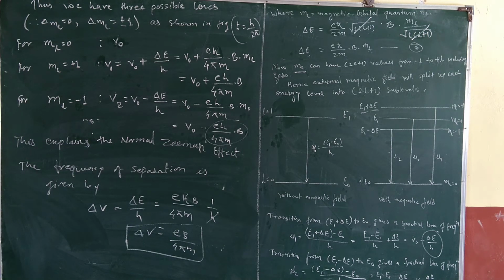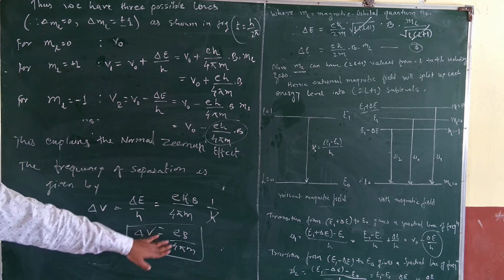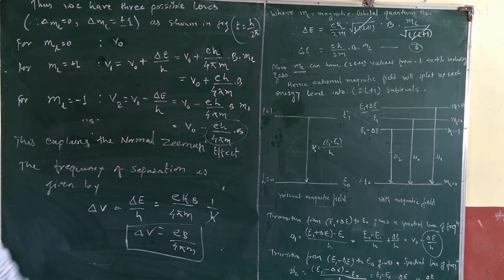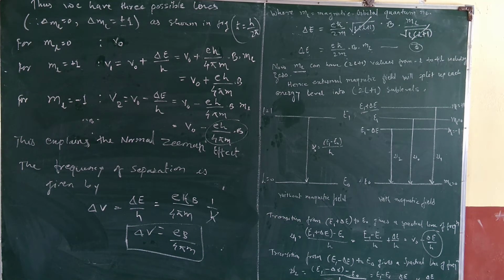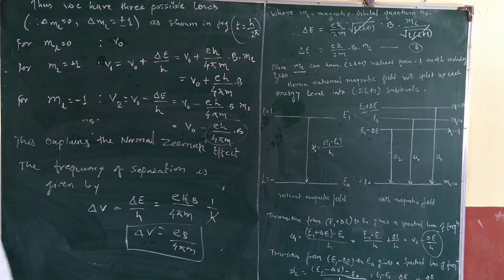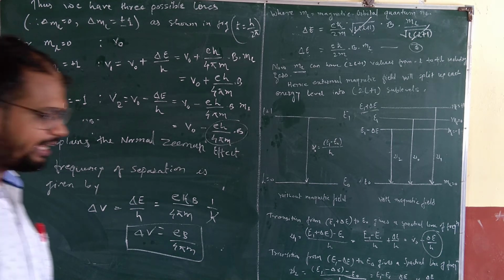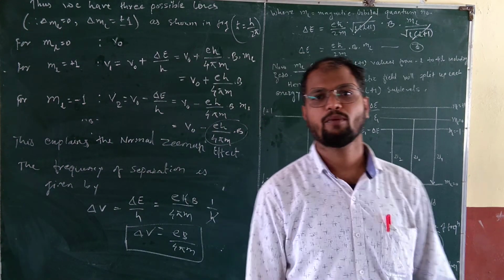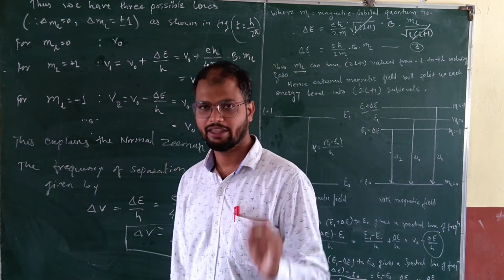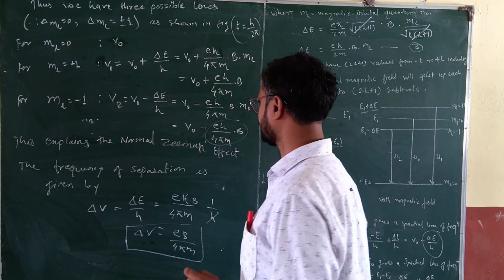Suppose we are asked in any problem for this frequency of separation, then you should use this formula. So this is the quantum mechanical explanation of the normal Zeeman effect.